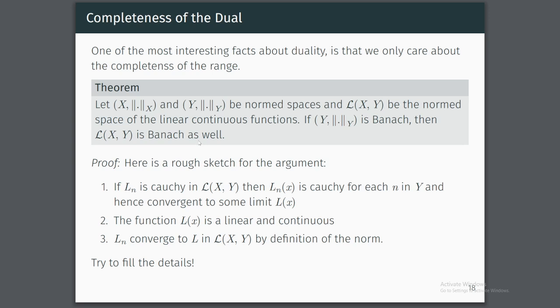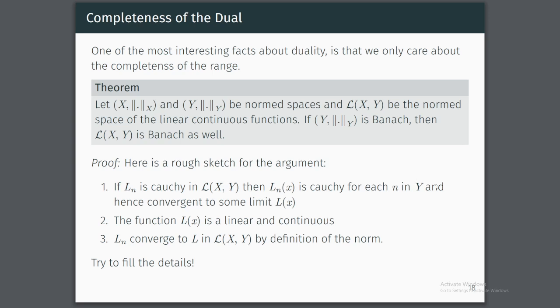And I'm going to give a little bit of a sketch of an argument. It's similar to how we proved LP is Banach, which is that if Ln is Cauchy, then you can use that to prove Ln of x is Cauchy. Compare that to how we proved L infinity is a Banach space. You'll find that it's the exact same type of argument.